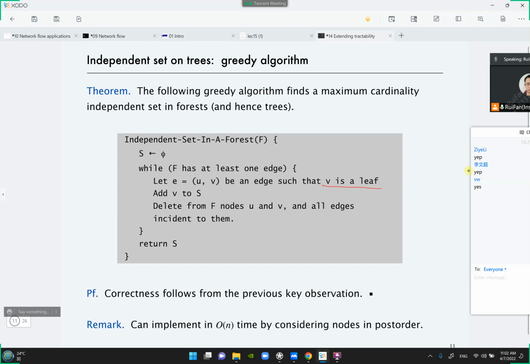Then we're just going to add this leaf to our S. This S is our final maximum size independent set. Once you add V into the set, V has some neighbor U. Since you added V to the set, you cannot add node U anymore. So you have to delete node U, and also node V.